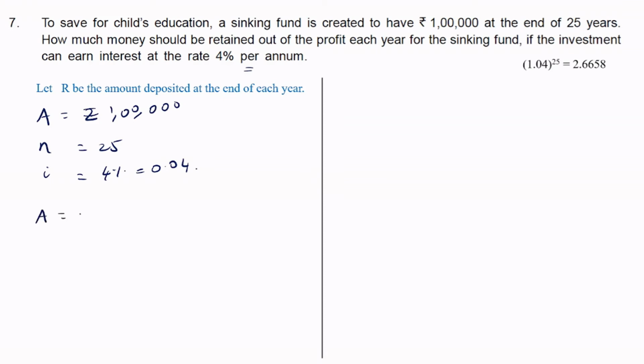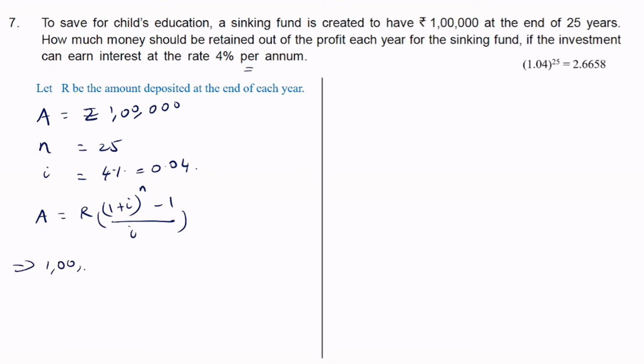So we have A is equal to R into 1 plus I the whole raised to N minus 1 upon I. Here since the amount should be deposited at the end of each year, we have this formula.